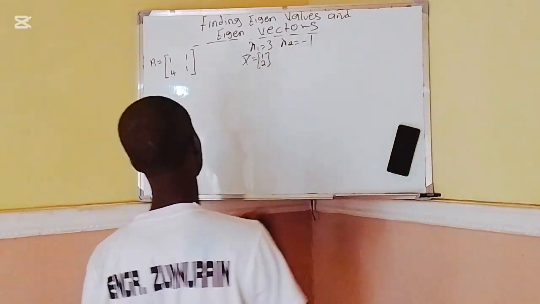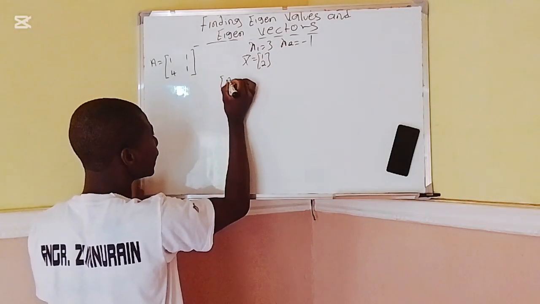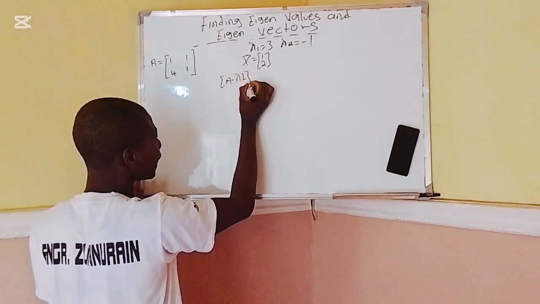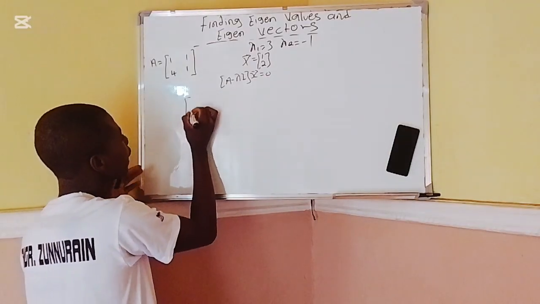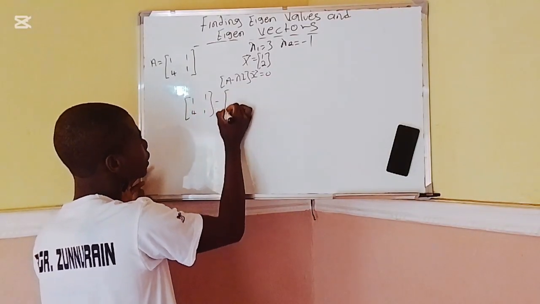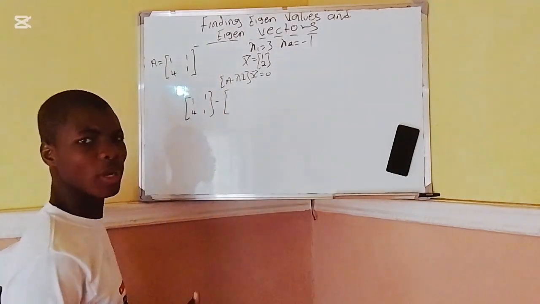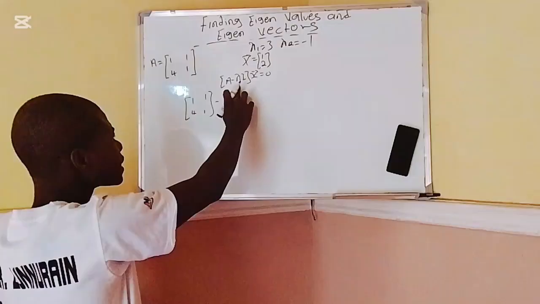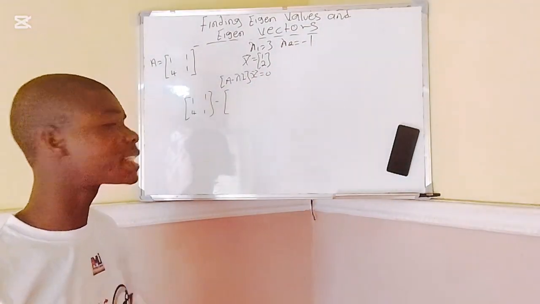So therefore, if I'm going to check for lambda equal to 1, we know that A minus lambda I times x will be equal to 0. What is the value of A, which is 1, 4, 1, and 1? Minus what? Yes, it is minus 1, because I have to substitute lambda with minus 1, which is negative 1.